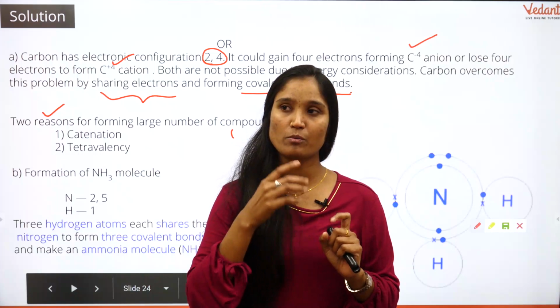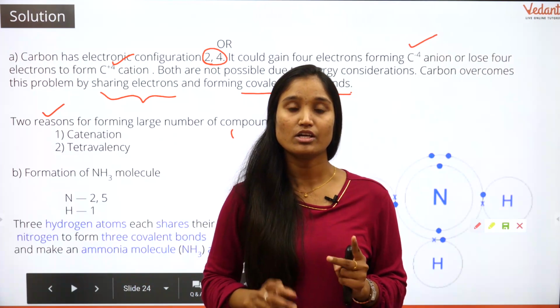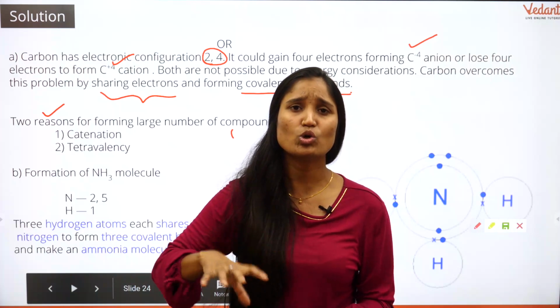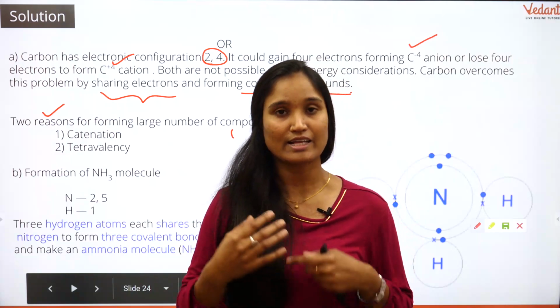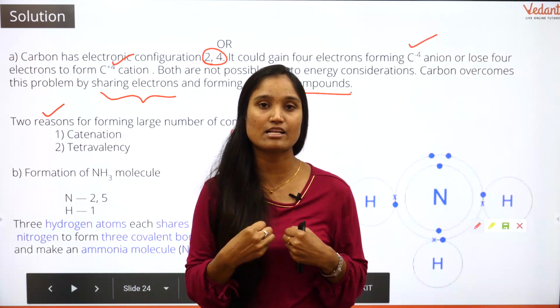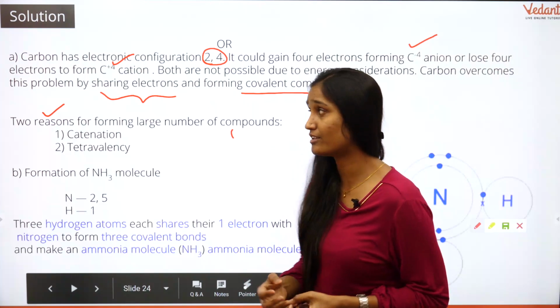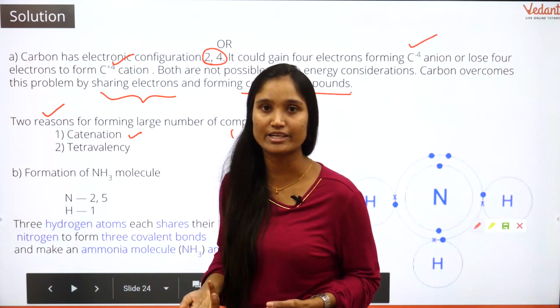It should be able to form more bonds which are strong and stable. Second, it should have the capacity to link with any type of atom irrespective of its nature, and it should also have that self-linking capacity. Both of these concepts put together, in a shorter way, you call it catenation, the self-linking capacity.